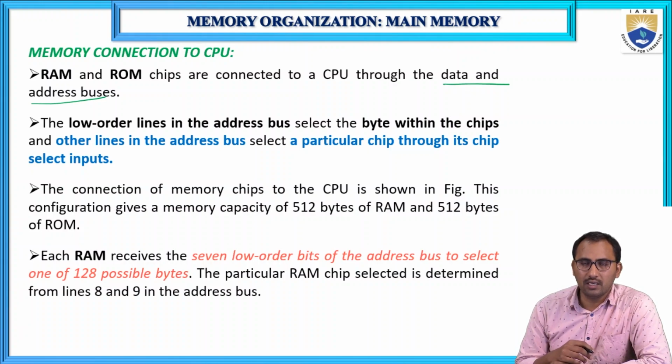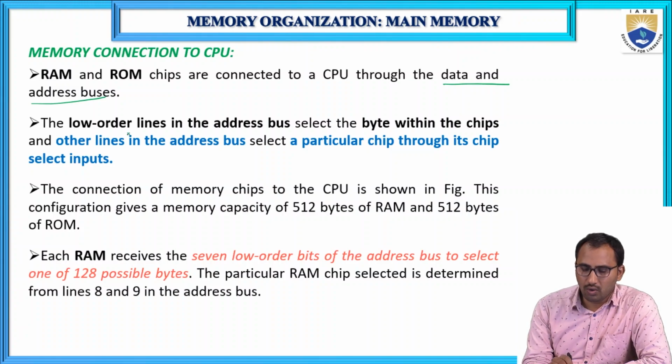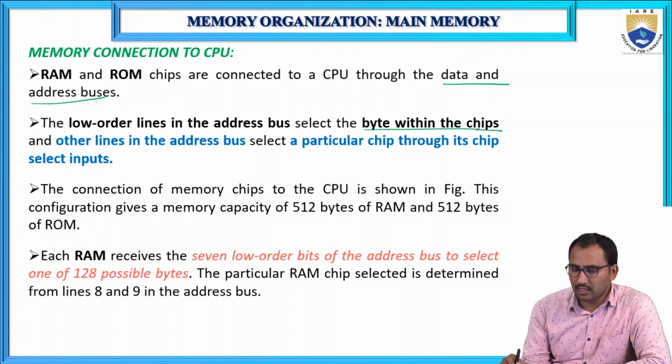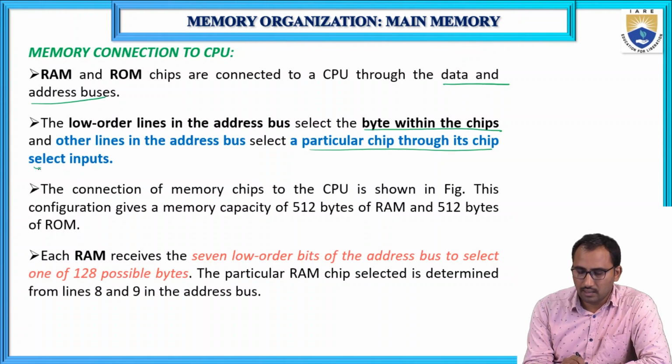Data lines are used to carry the data information, and address lines are used to carry the address information. The low order lines in the address bus select the byte within the chips, and other lines in the address bus select a particular chip through the chip select inputs.